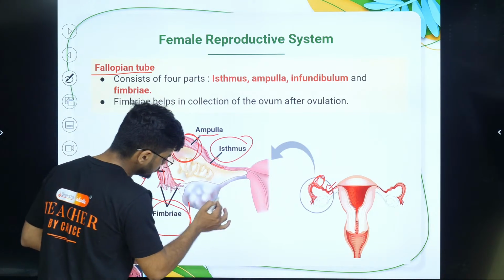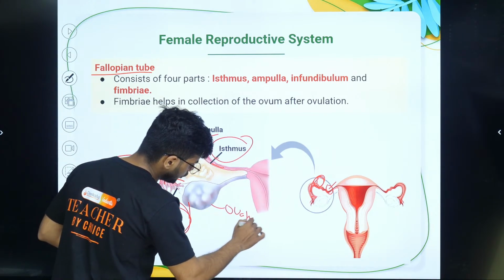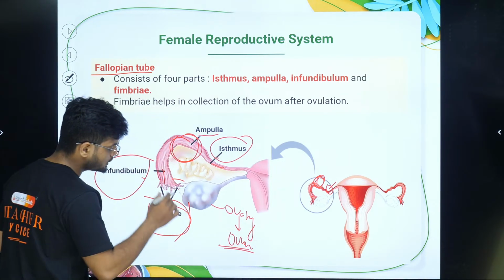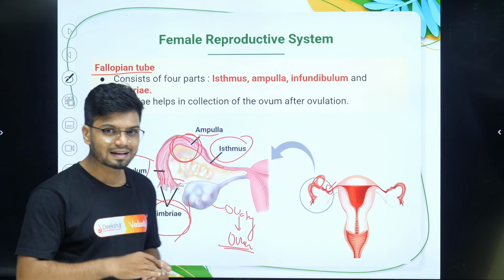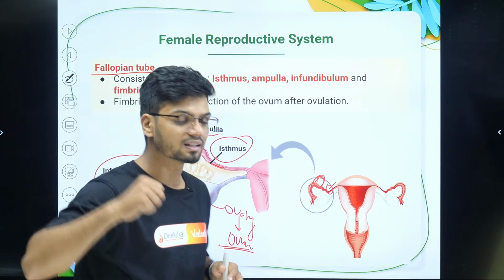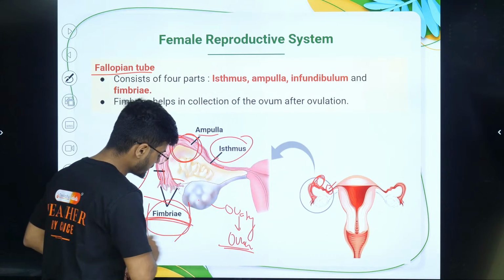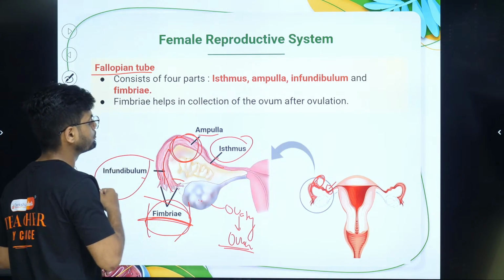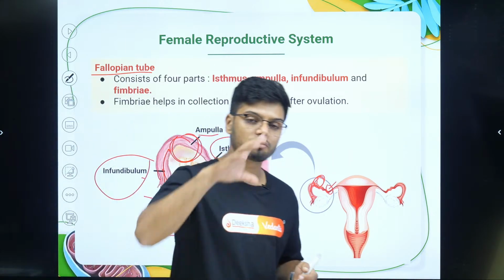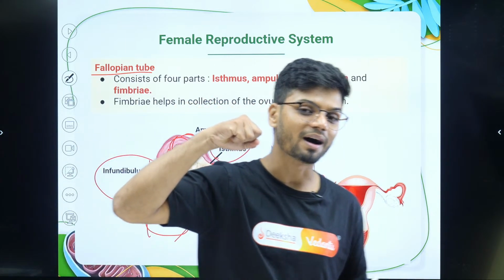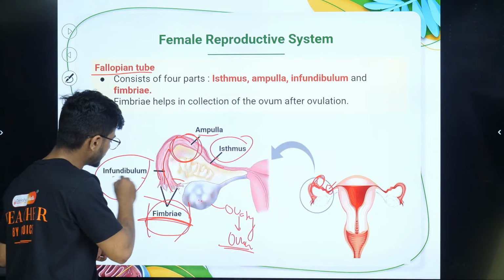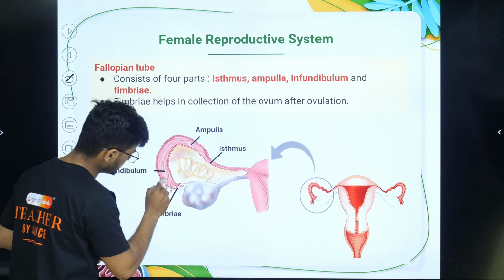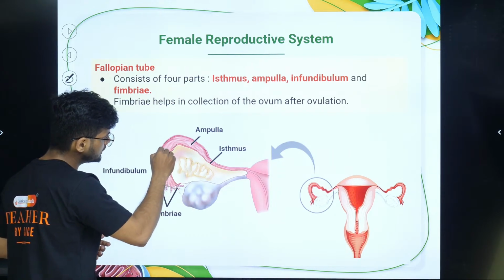Now, this is the ovary. Ovary produces ovum. The ovum is released, and something catches this released ovum. What catches it? Fimbriae. Fimbriae will catch the released ovum and transfer it to the ampulla region. It is taken up by the infundibulum, and the ovum travels here.